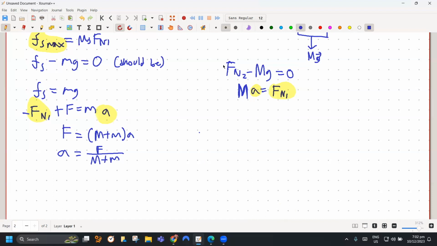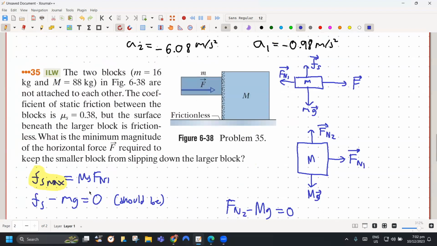So Fn1 equals, okay, so substitute that into the expression for Fn1.